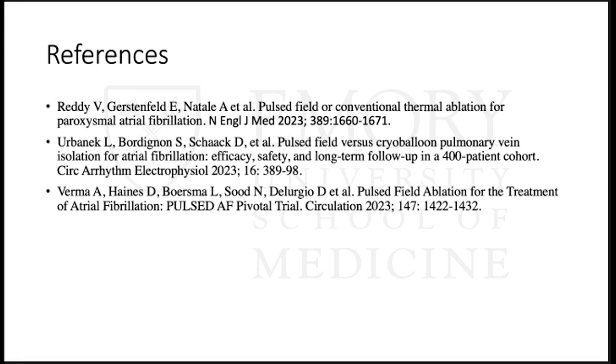I'm not sure if there's other animal work that compares both. But clearly this shows, right, that in terms of efficacy of the stated goal of ablating AFib, it seems to be equally effective to other methods. Correct. Certainly no obvious increase in complications.